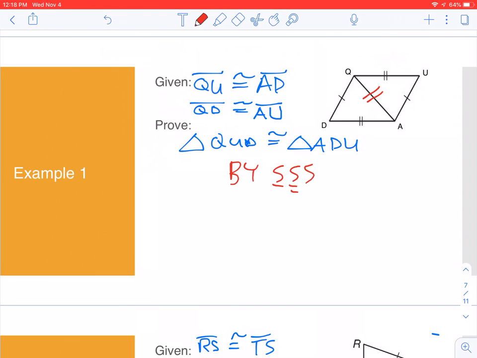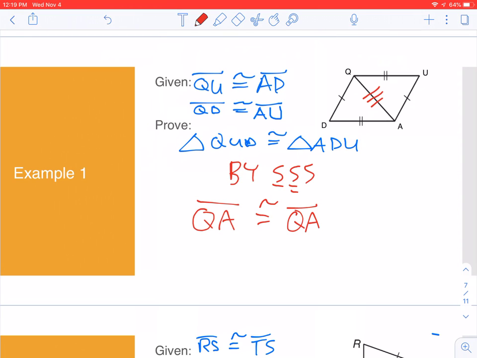Well, how do I know those two sides are the same? If I was to draw that triangle separate, it would be sharing the same side. So I'm going to draw three marks there, and I am going to say QA is congruent to QA. It's congruent to itself.